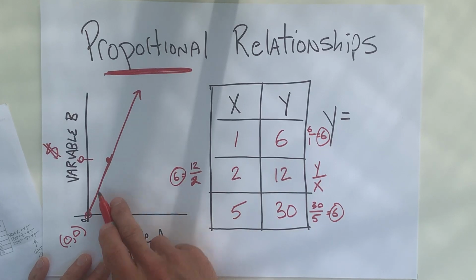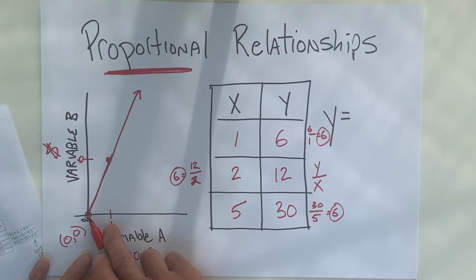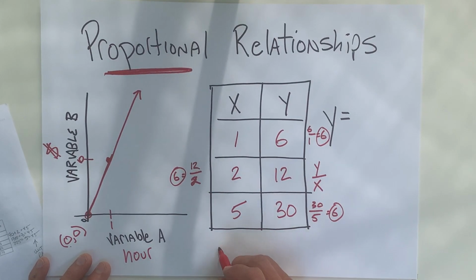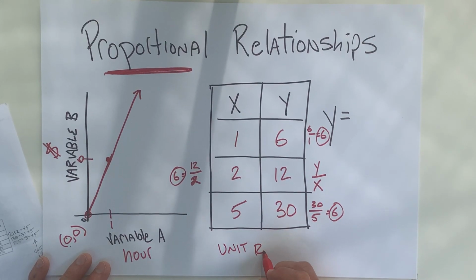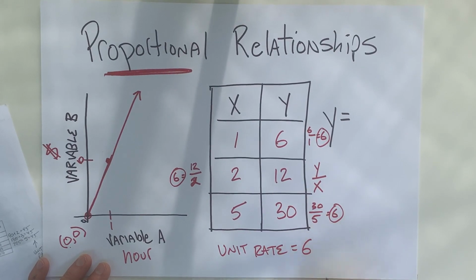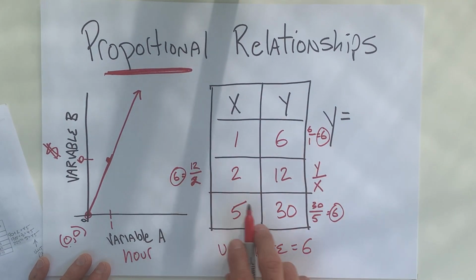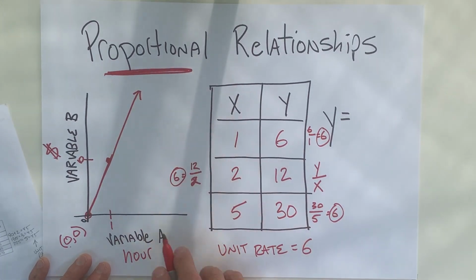So far, in a graph, if it goes through the origin, it's proportional. In a table, if this number, which by the way is called a unit rate, which we've already talked about, is always the same, in this example 6, then we have a proportional relationship.